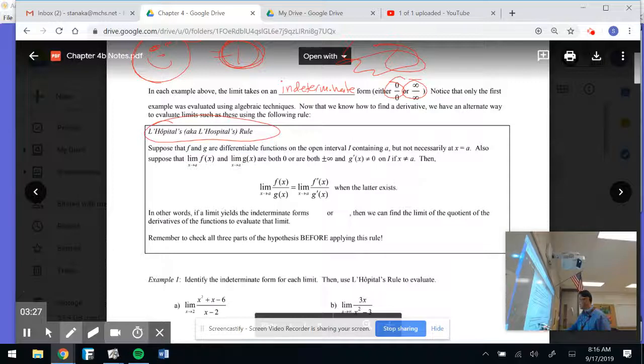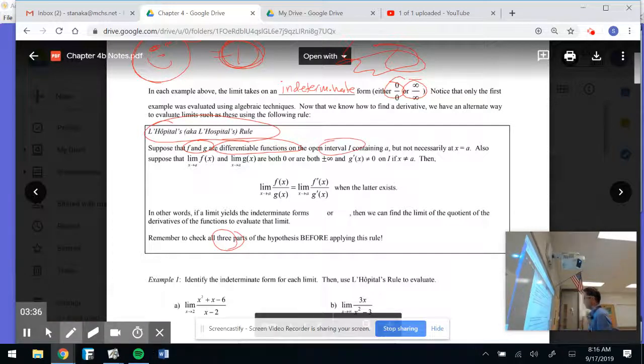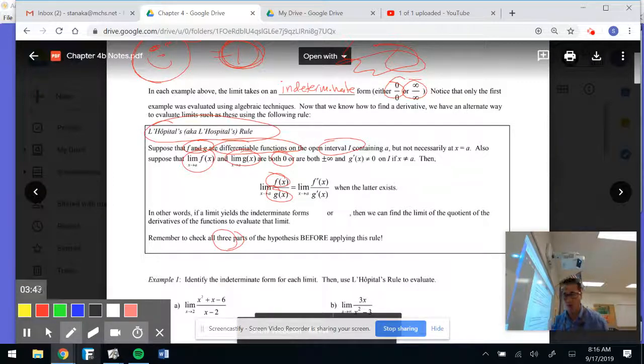There are 3 things that must be satisfied in order to use this. Number 1, f and g have to be differentiable functions on the open interval, so you've got to be able to find a derivative of them. Next, the top and the bottom limits must both give me 0 over 0 or infinity over infinity, which are indeterminate results.